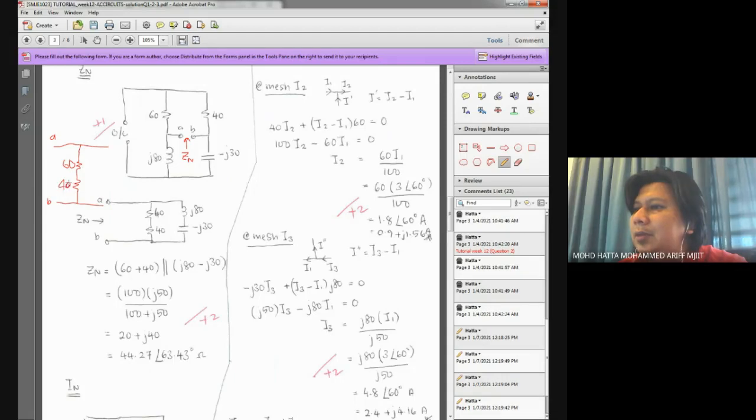The other branch is coming from this negative J80 in series with this negative J30. So the other branch is here, and the capacitor over here. Maybe you can also draw it like a box element.